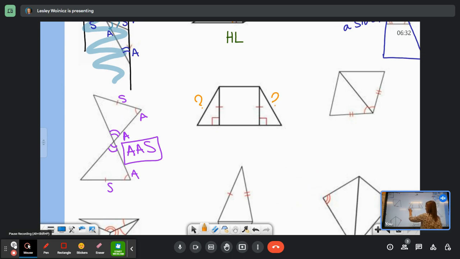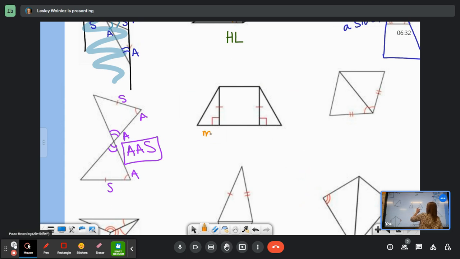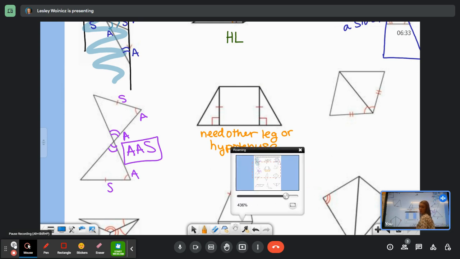If we had this side here, we could use side angle side, but we don't have either of those. So the information here is that we either need the other leg or the hypotenuse. So basically we need another side or an angle.